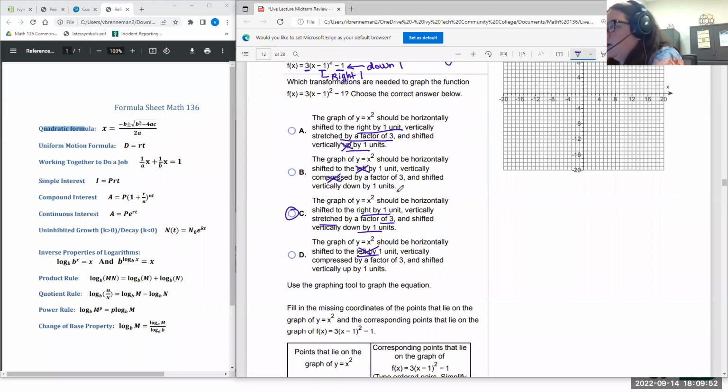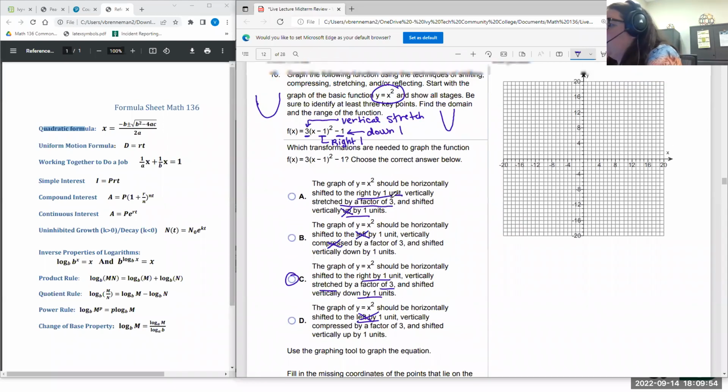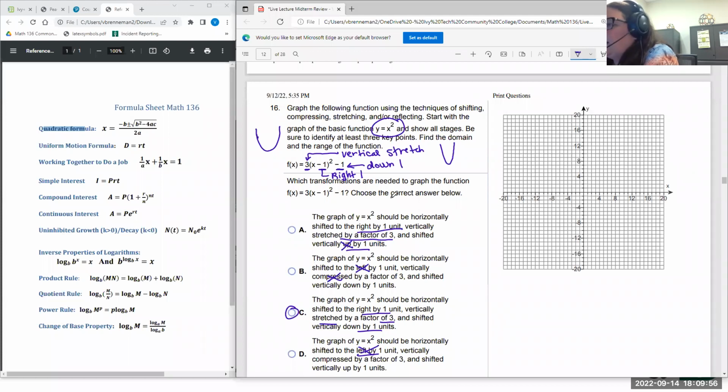So then the graph. For the basic x squared function, we would have the vertex at 0, 0, and then the first point 1 unit to the right would be 1 unit up. We're moving the vertex right 1 and down 1, so it should end up at 1, -1.